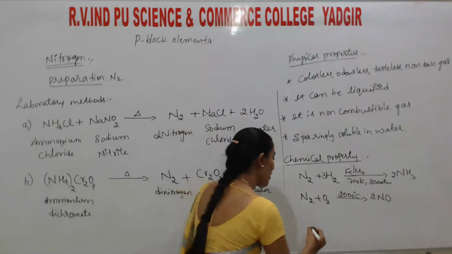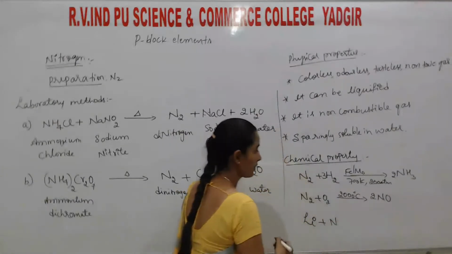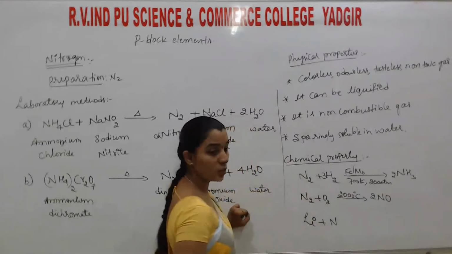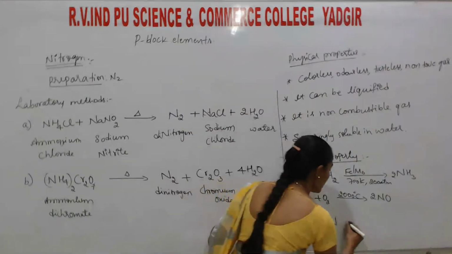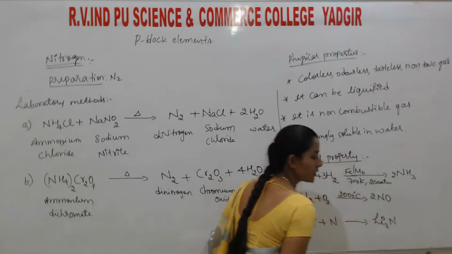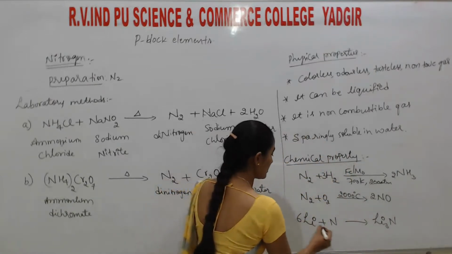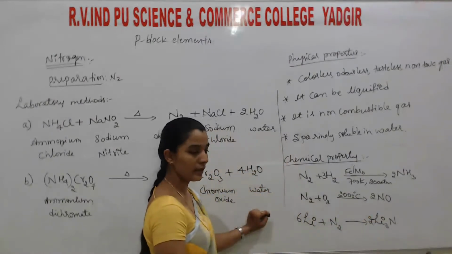The next one is when they react with metals. Here it is in the +3 oxidation state, here in the +1 oxidation state, and in this one they are in the -3 oxidation state. It forms lithium nitride, Li3N: 6 Li plus N2 gives 2 Li3N.